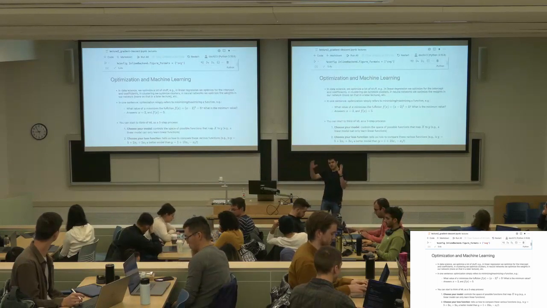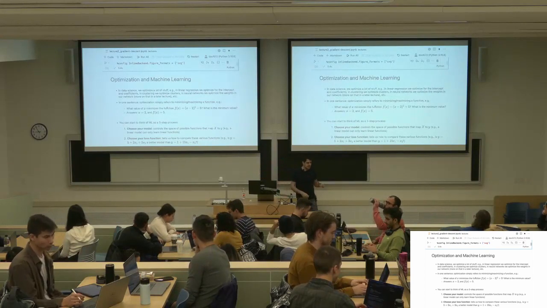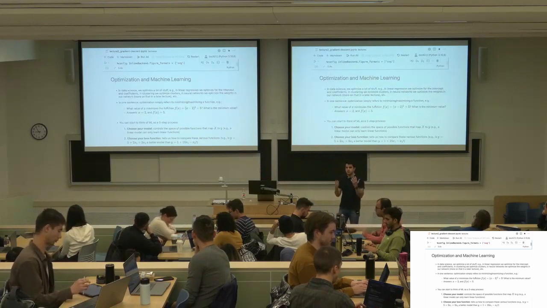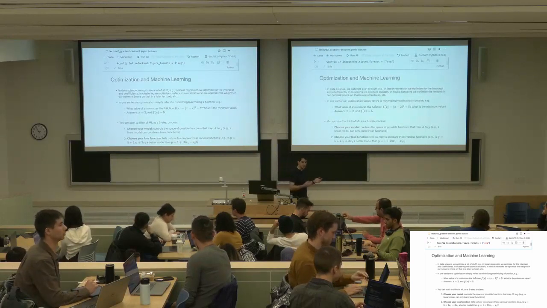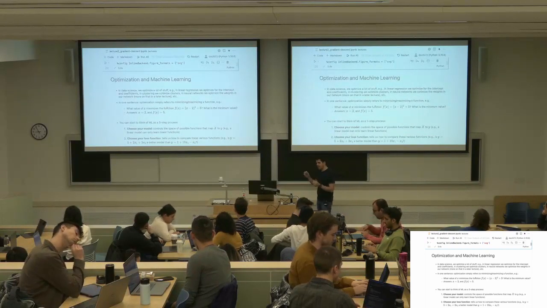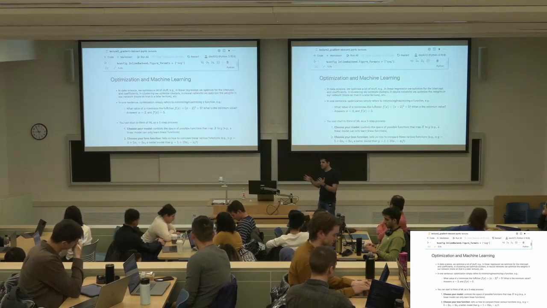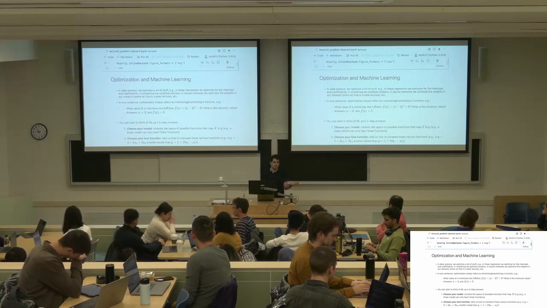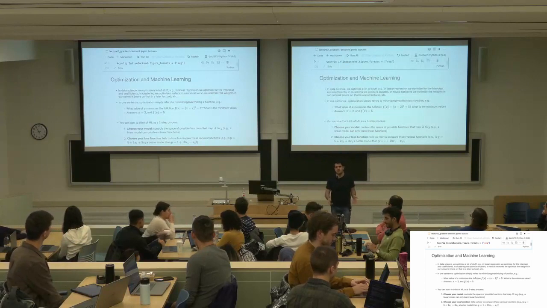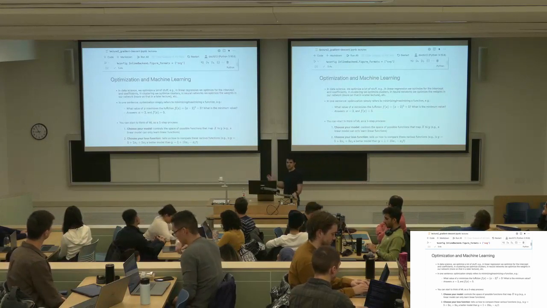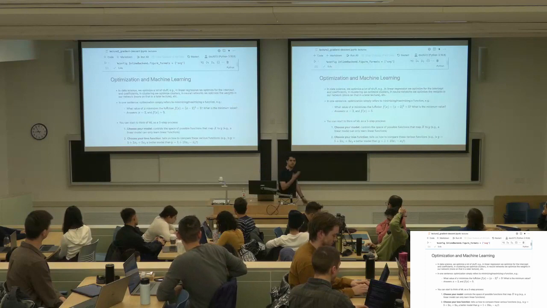For example, if you have a graph and you want to find the shortest path between point A and point B, then there are a large number of paths that you can take from point A to point B, and the goal was to find which path gives you the shortest distance. So the entire number of paths that you could take was a finite number, right? So this was discrete optimization. And for discrete optimization, we discussed a couple of algorithms. Do you remember which ones were those? Exactly, linear programming, dynamic programming.